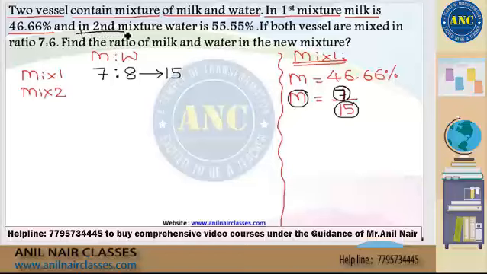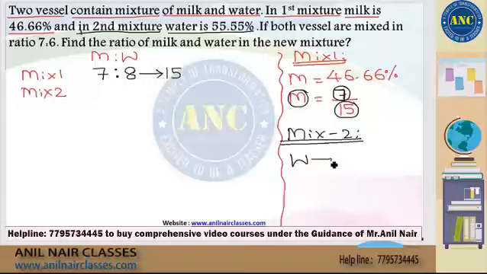And in the second mixture, water is 55.55 percentage, which is 5 by 9. The meaning of 5 by 9 is that the denominator represents the total. Total mixture is 9 liters.